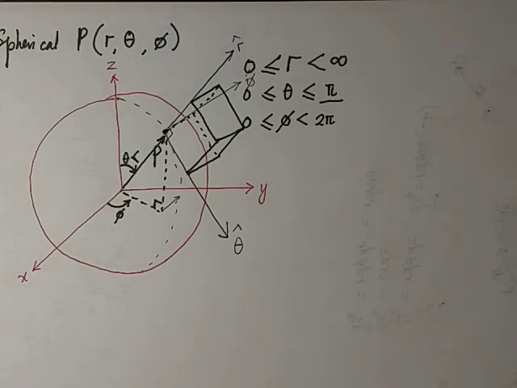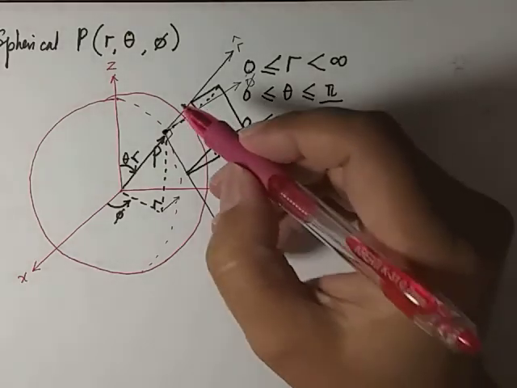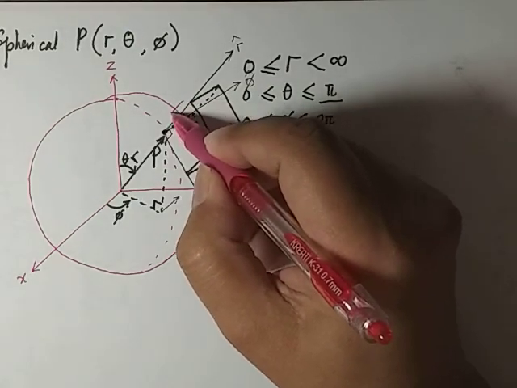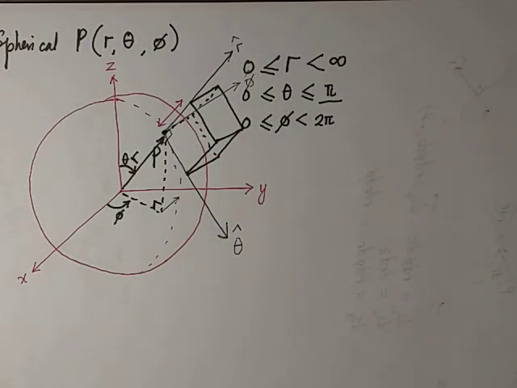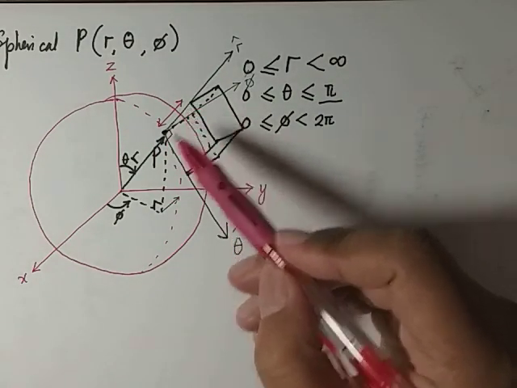Okay, I'm going to give the dimensions to the box now. The simplest side first, this side. What should be the length of this side of the box? The answer is very simple, because this side depends on the r.